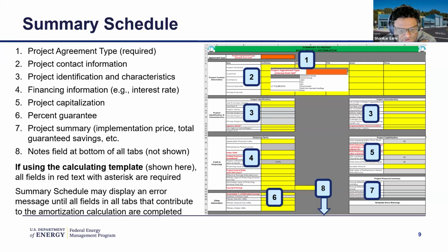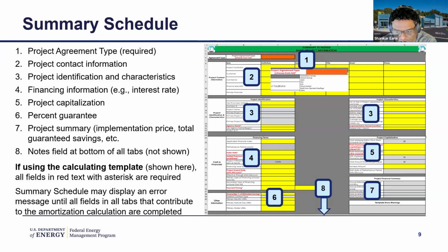That's where you capture the interest rate. And then there's what we call project capitalization. This describes your capital stack in terms of what is being financed and what is being obtained from the agency or the customer as a buy down.